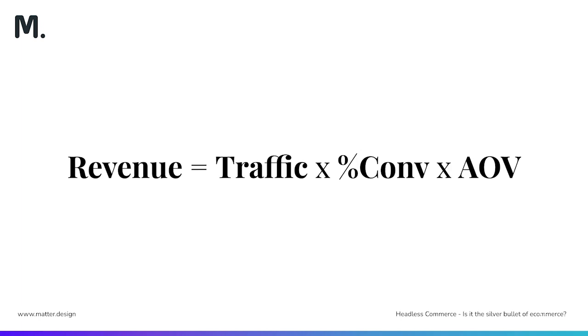So if we think about the primary calculation of revenue for an e-commerce site, which is your traffic times the conversion rate times the average order value, what we're looking at here is two of the key metrics in this equation.